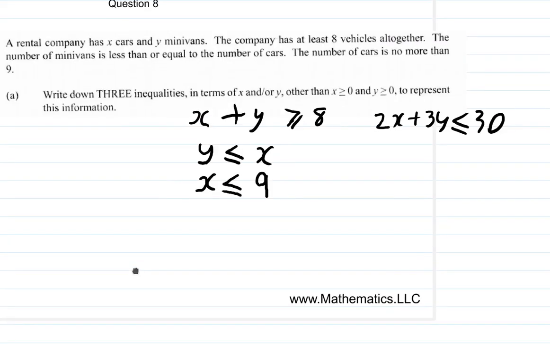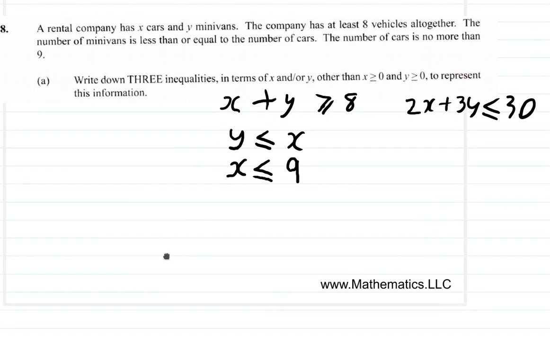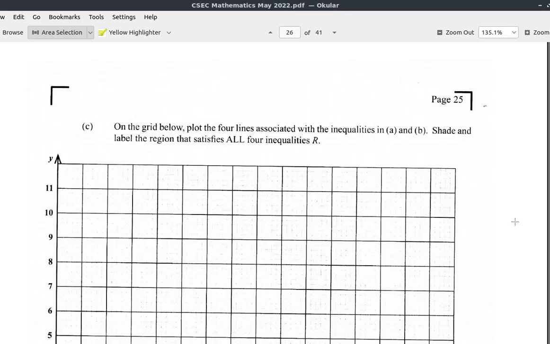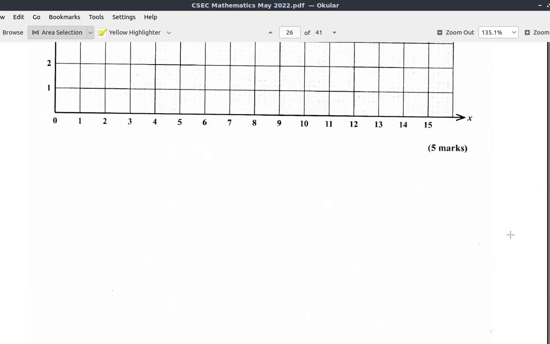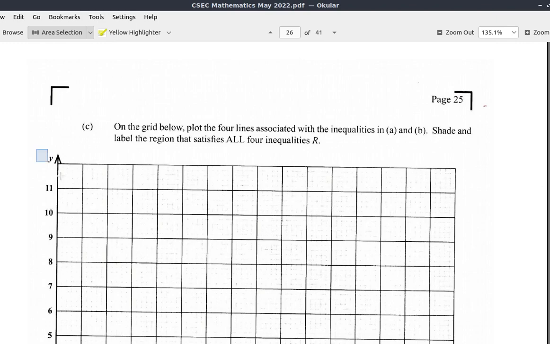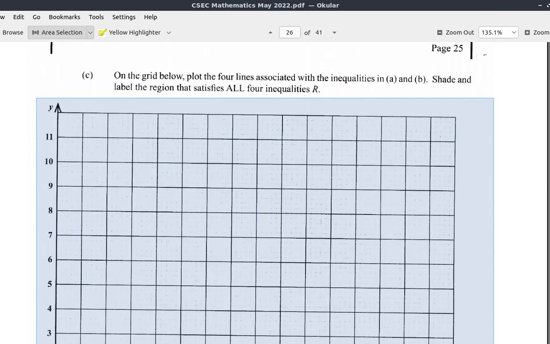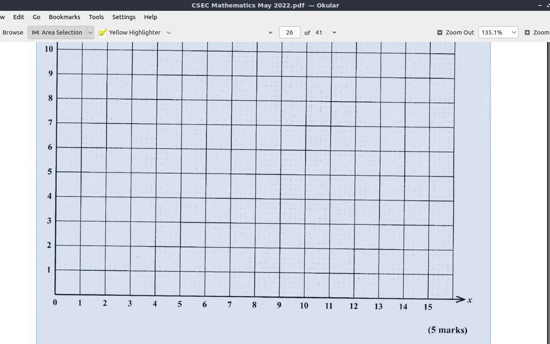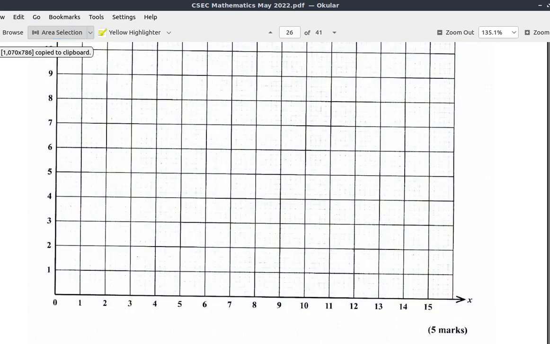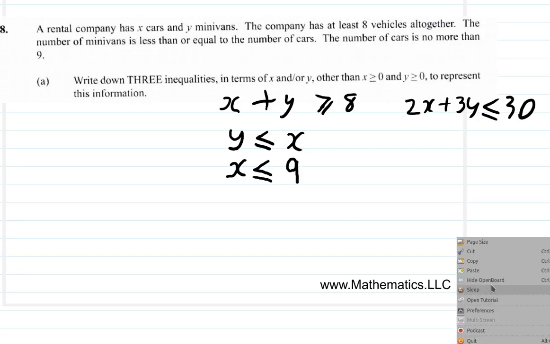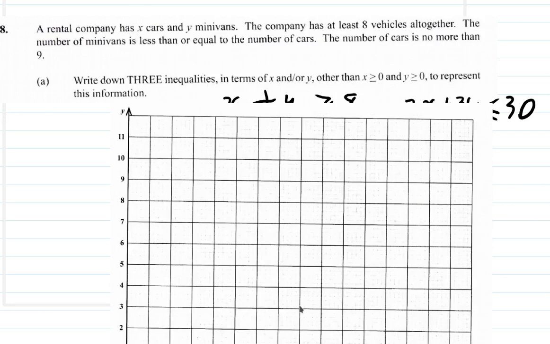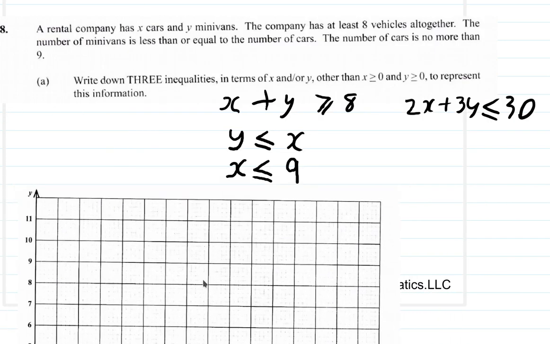So, here now, we're going to just copy this graph and paste it over to our other screen. Copy to clipboard, paste. Nice. Let's put it down here.